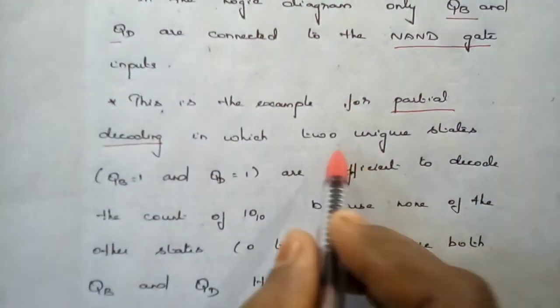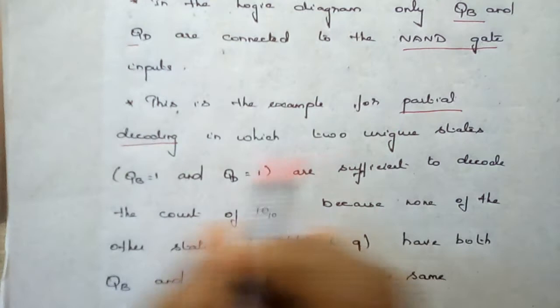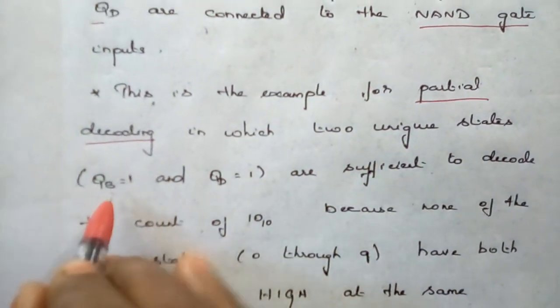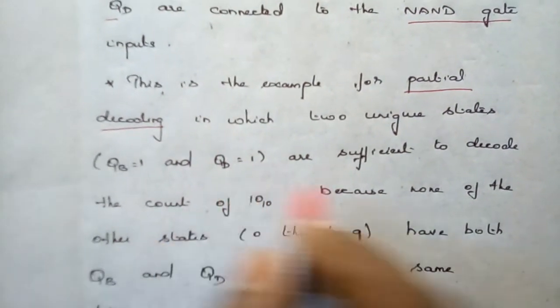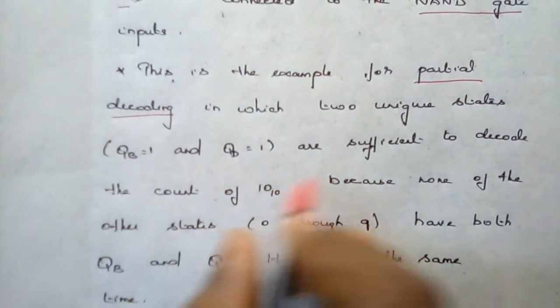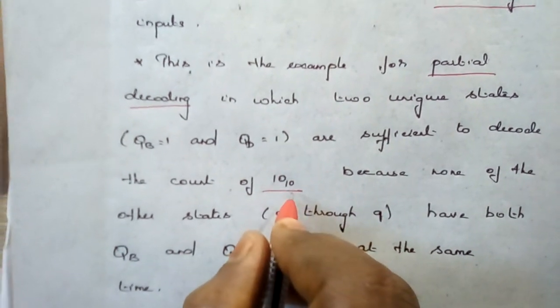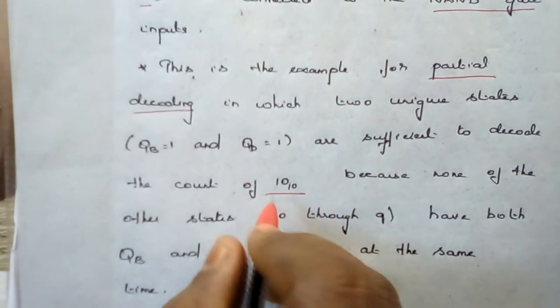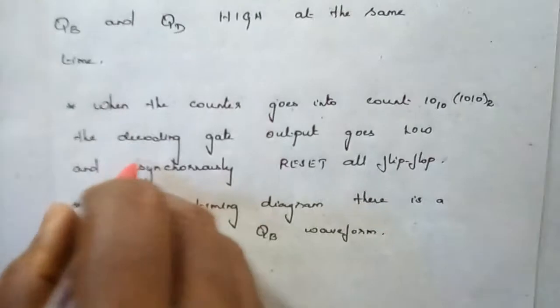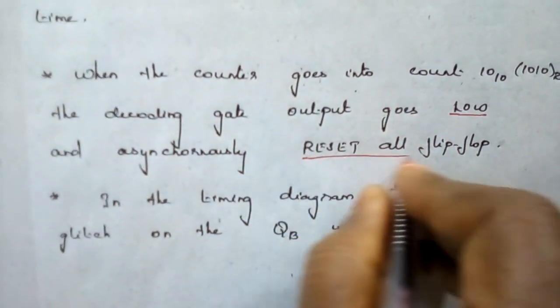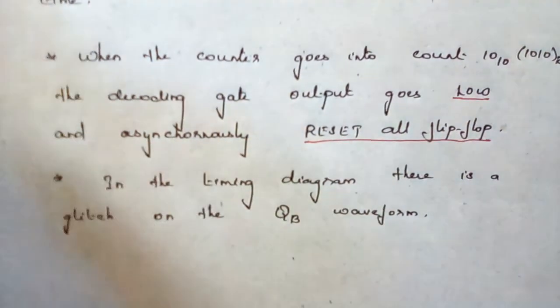It is called a partial decoder since it uses two unique states, that is, QB equals high and QD equals high. If this is the condition, it decodes the state 10, where the base 10 denotes the decimal equivalent value. When the counter goes into the count of 10, the decoding gate output goes low and it resets all the flip-flops in the counter.